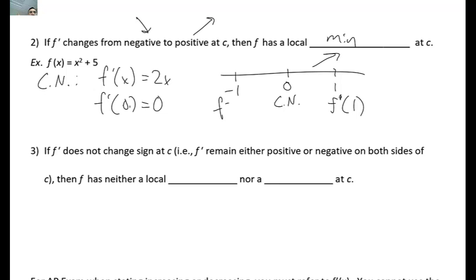Then on the other side of the critical number, I want to plug -1 into the derivative, see that the derivative is negative, and when the derivative is negative, it's decreasing. And now I have a visual. It's going down till it gets to 0, and then it's going up. So when x equals 0, I can see this is a relative min.